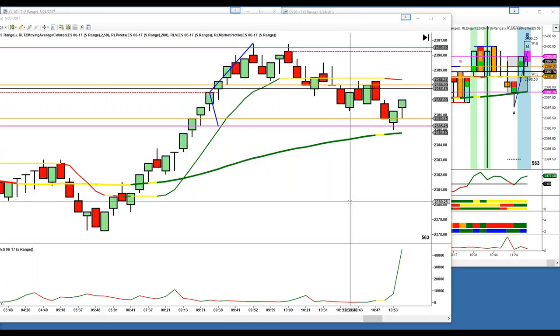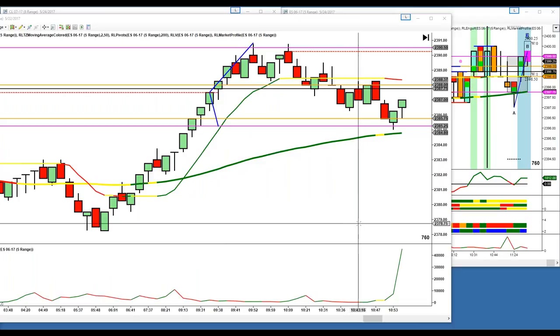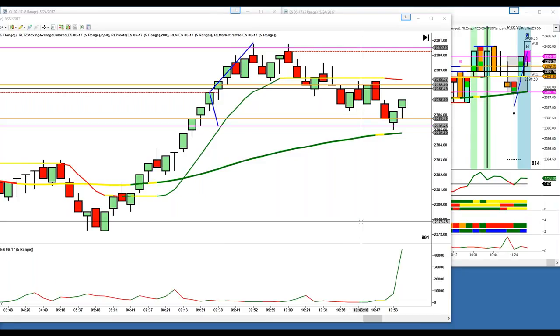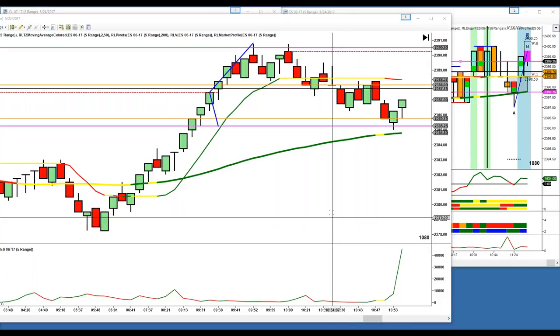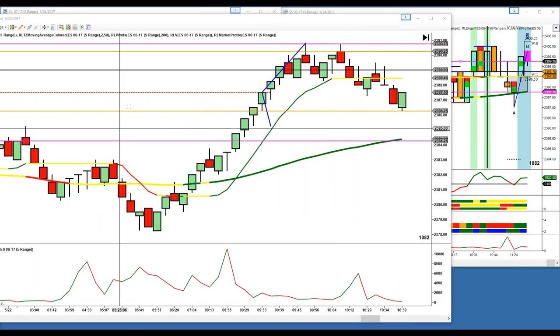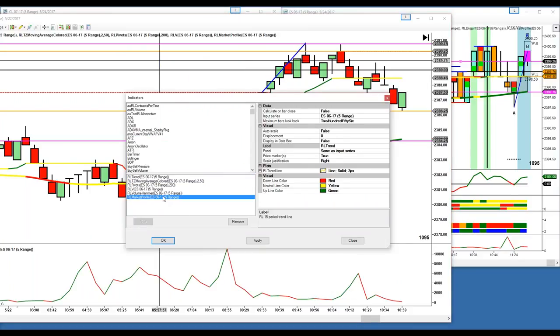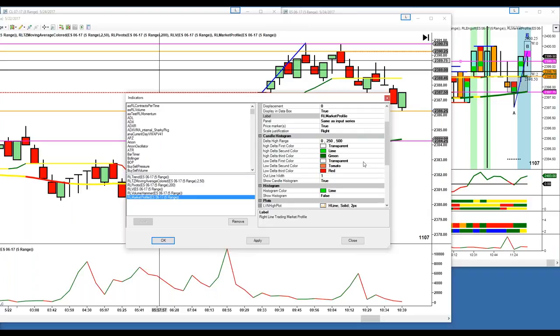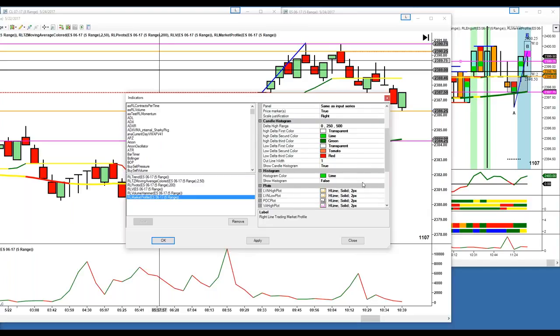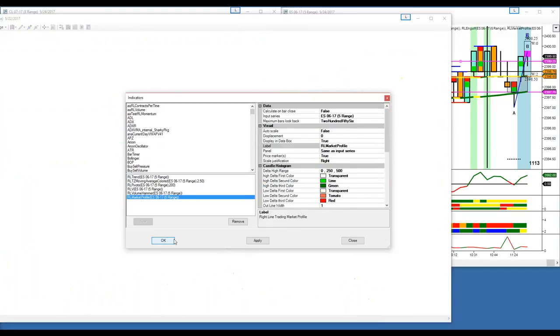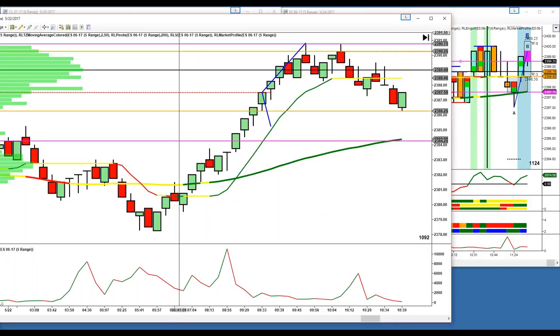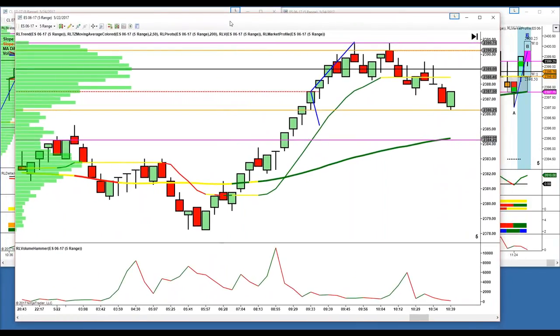I'm just watching the E-mini. Okay, now market profile. Let me turn on the volume analysis. Here's a show histogram. We'll turn that to true. So here's the indicator.